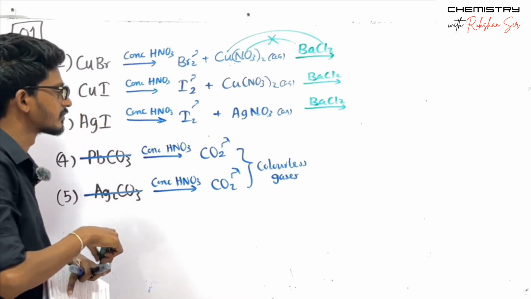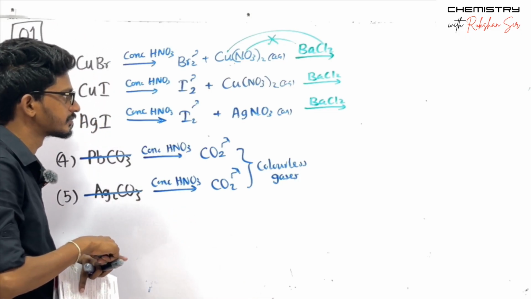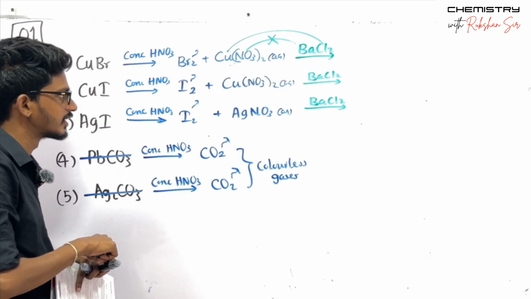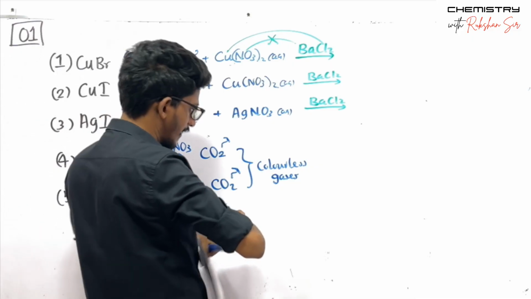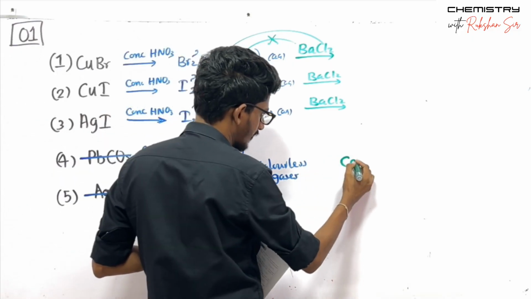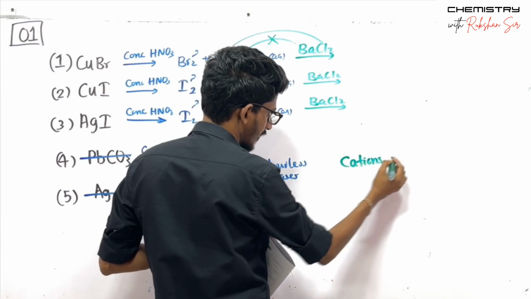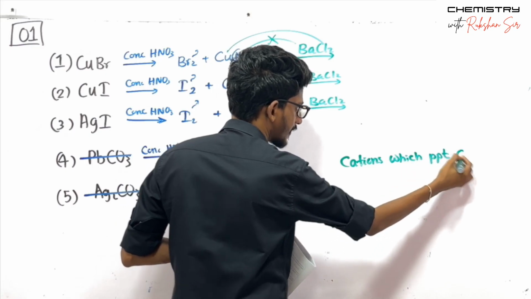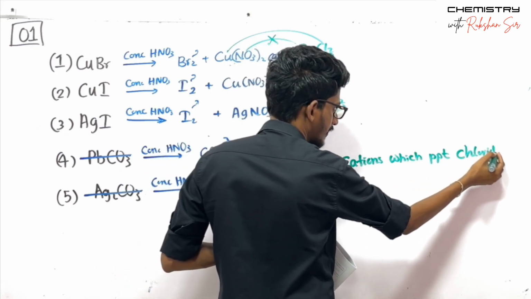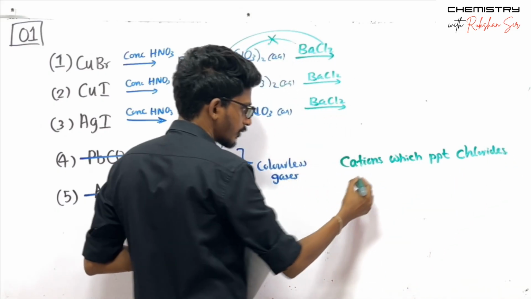Ag plus, Pb2 plus, and Hg2 plus. Right? So cations which precipitate chlorides, who are those?